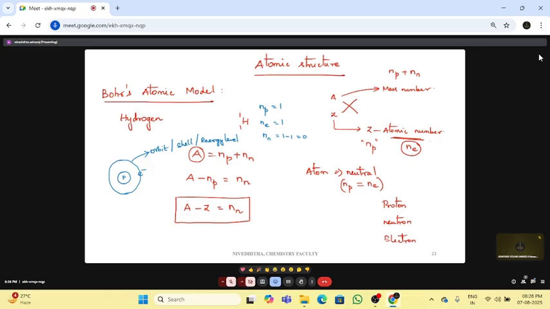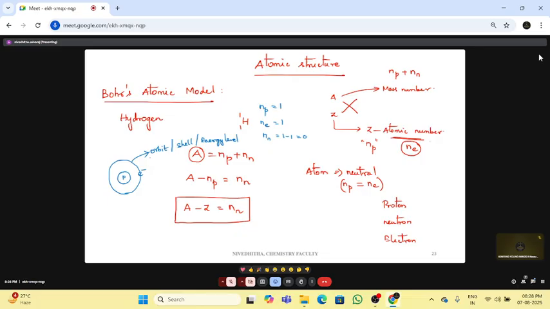Now we'll move on to a few formulas related to Bohr's model. See, according to Bohr, he used only the hydrogen atom because hydrogen is a very simple atom, containing only one electron. If you place the electron in a proper position, the whole structure is defined.